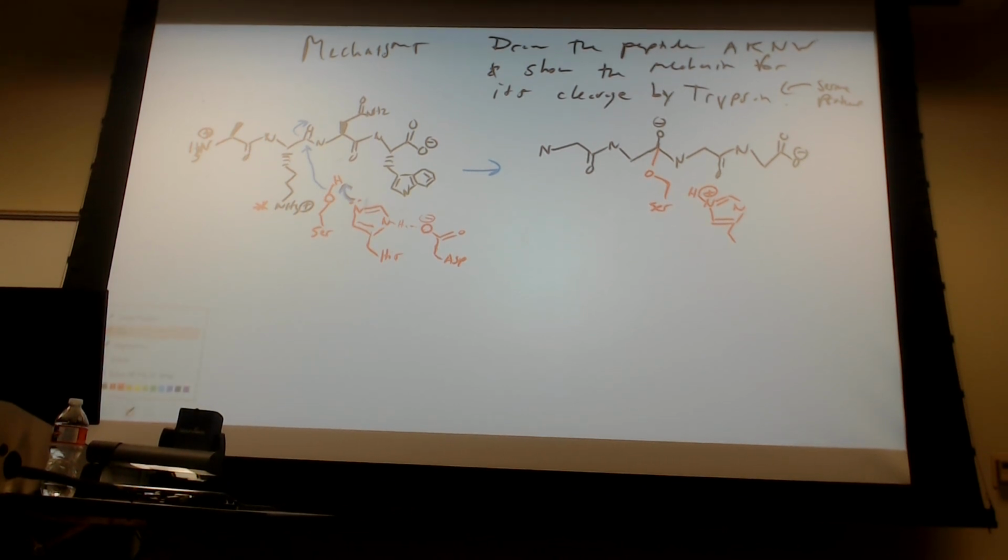Okay, so then all we do is keep all the clutter out, we can put in all the side chains later. This is the easy way of doing it, right? Okay, so what's gonna happen? This is gonna pop down here. Then this is gonna break, and it's gonna grab that, and the electrons flow to the sink, right? The positive nitrogen sink. And then what happens? We go down, we get something that leaves here, NH2.